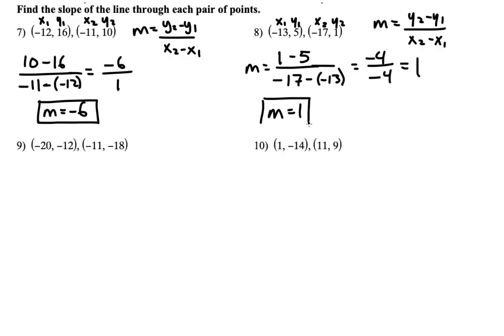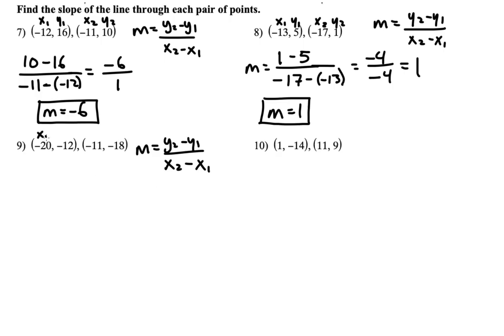For every 1 we go up, we go over 1. For problem number 9, I'm going to use my same formula, y2 minus y1 over x2 minus x1.